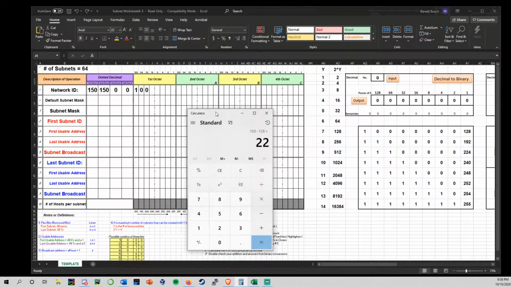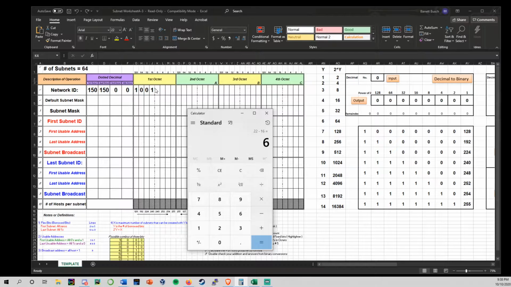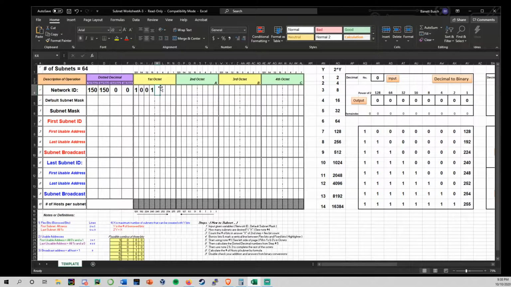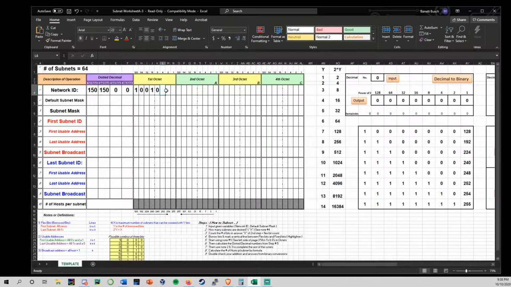Now we get to 16 and we could say, okay, 22 minus 16. We turn this on. We have a remainder of 6. That's not going to 8, so that's a 0. 6 minus 4, so we could turn that on. We have a remainder of 2. So we turn 2 on. We have a remainder of 0. So this is going to be 0.